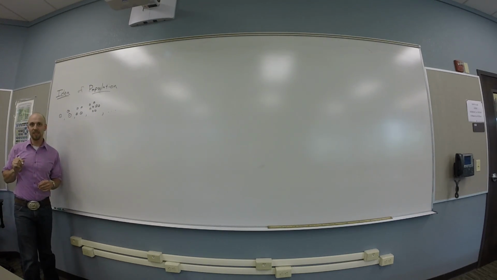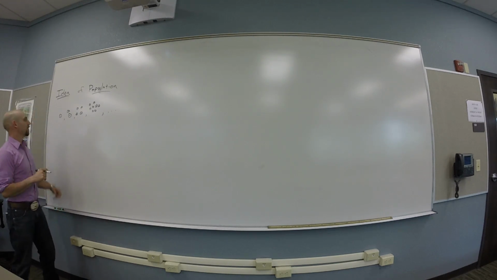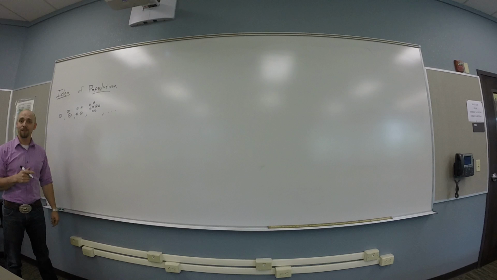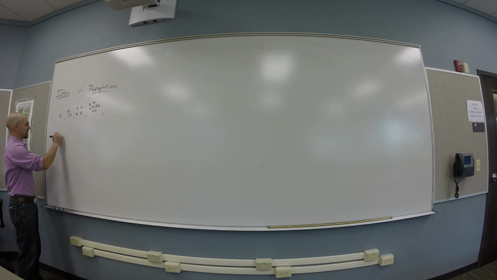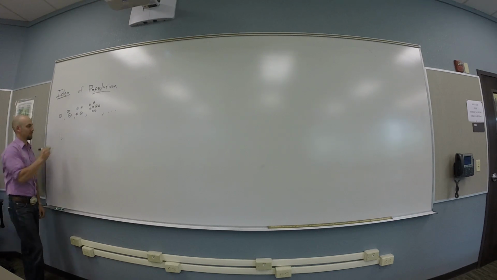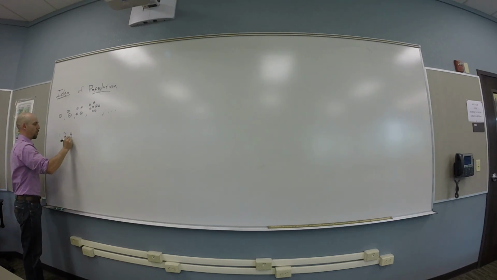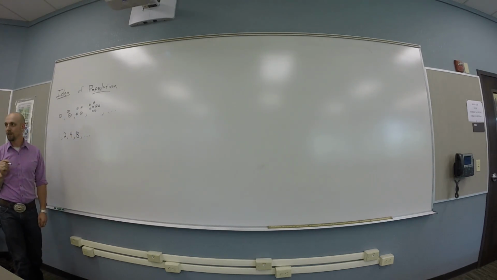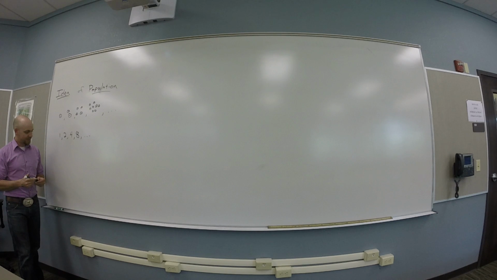Okay, so this continues, right? This is kind of an inconvenient thing to continue, so I might start listing. First there was 1 thing, then there was 2, and then there was 4, and then there was 8, and so forth. So how are you getting from step to step in this thing?